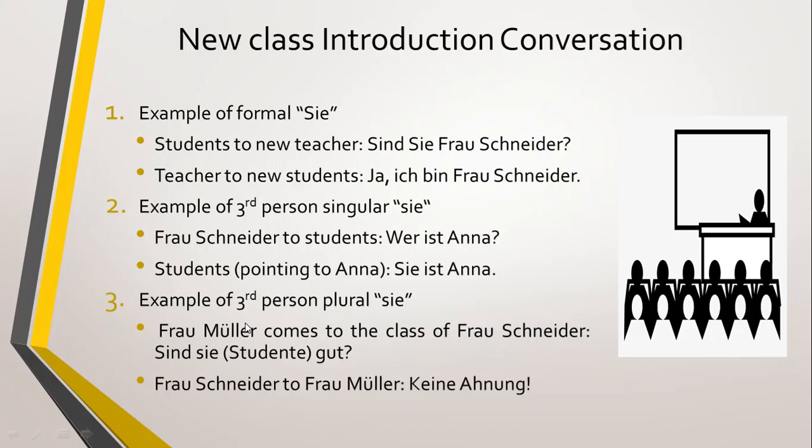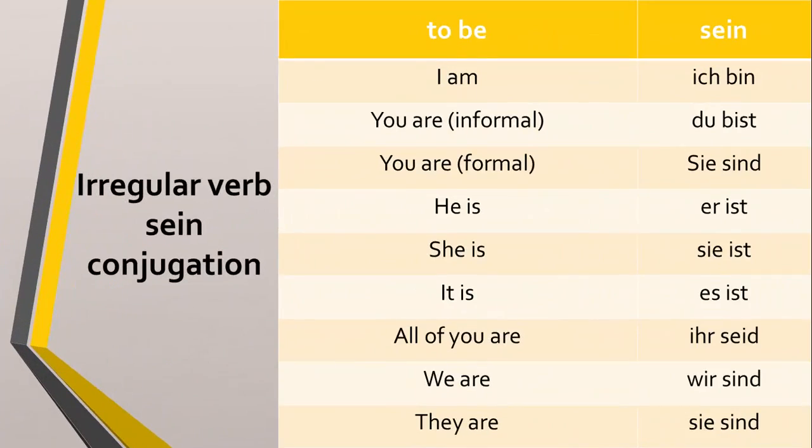So moving on. You need to first know that German verbs can have some categories, and I will cover only two or three of these categories to begin with. The first category is that of an irregular verb, "sein", which is "to be" in English.